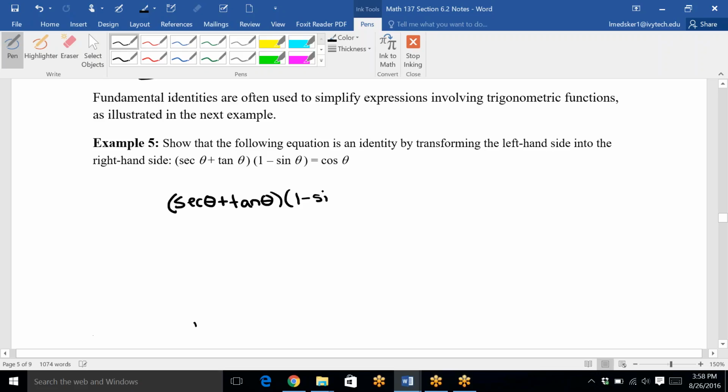And we're going to use as many things that we can think of using our 3 different identities that we learned, and we're going to see what we can transform this into. A good place to start is if your final answer is a sine or a cosine, you probably want everything in your problem to be in terms of sine or cosine. So if you think about it, secant theta, this is using our reciprocal identity, is 1 over cosine theta.